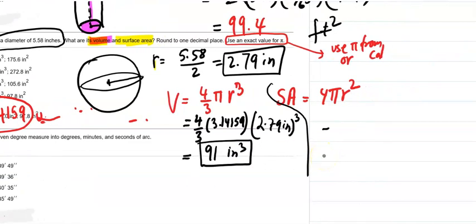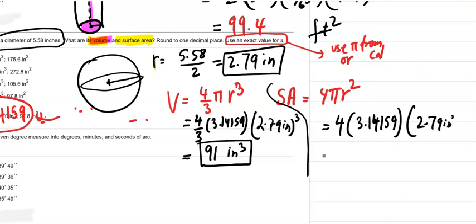For the surface area, you do similarly. 4 times pi, 3.14159, times r, which is 2.79 inches, squared. Everything is squared because r is 2.79 inches squared.